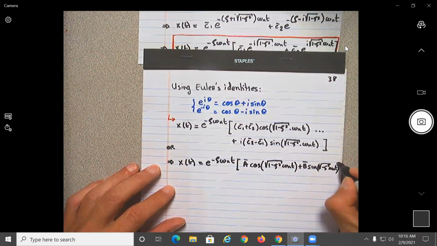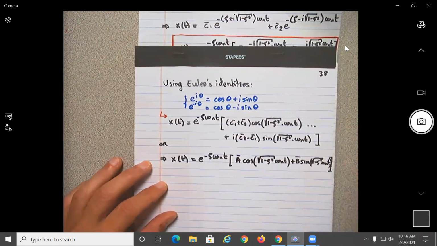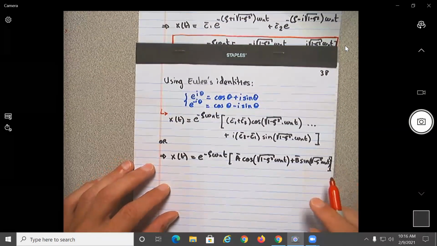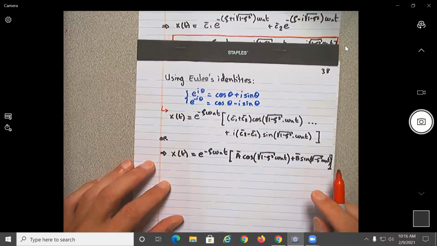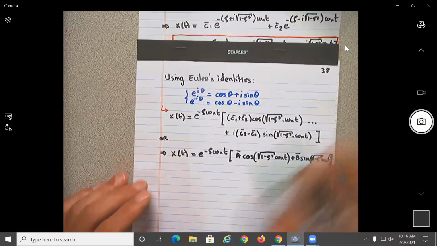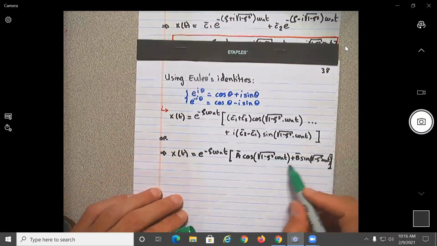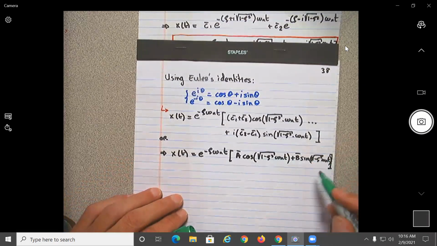So I know it's not very clear here. Can you read that, or do I need to rewrite it? So this term over here is the same as this one, times omega n t.